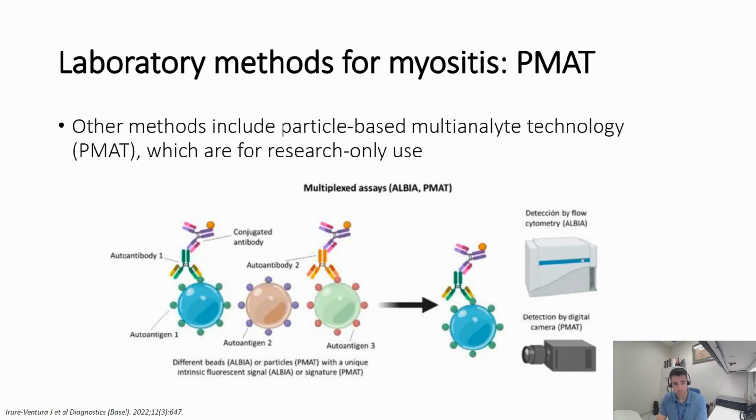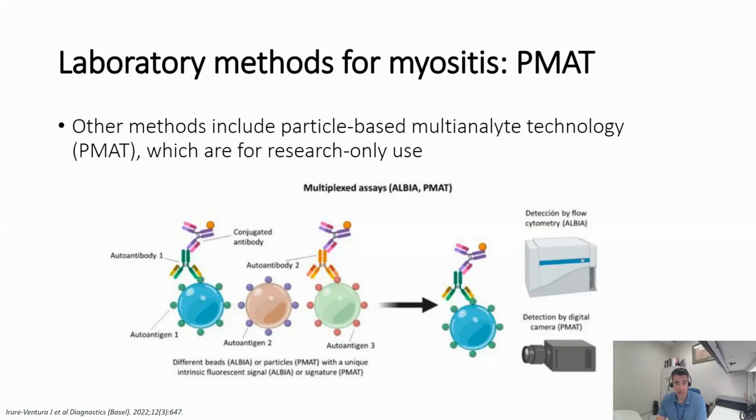There are emerging methods that can be used. So, for example, particle-based multivariate technology. Currently, it's only research-based, but here each analyte is bound to a paramagnetic bead that has a unique color code, and each unique color code allows the identification of the analyte in the method.